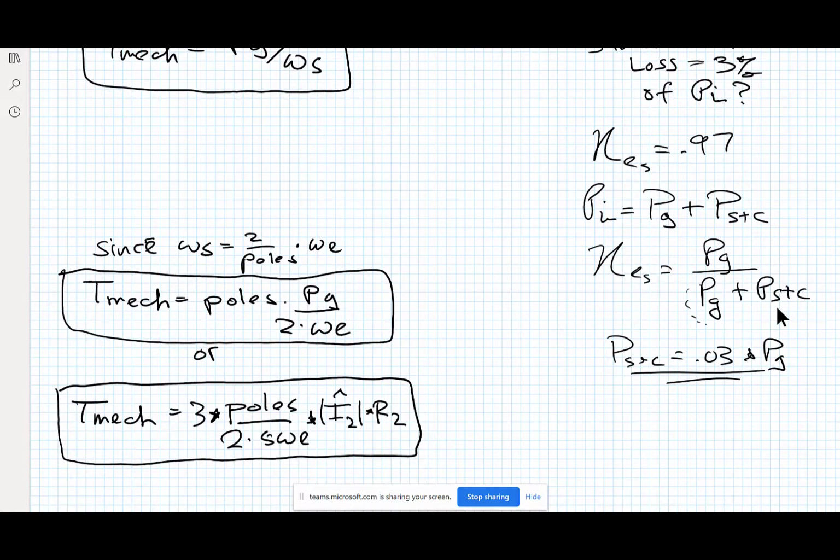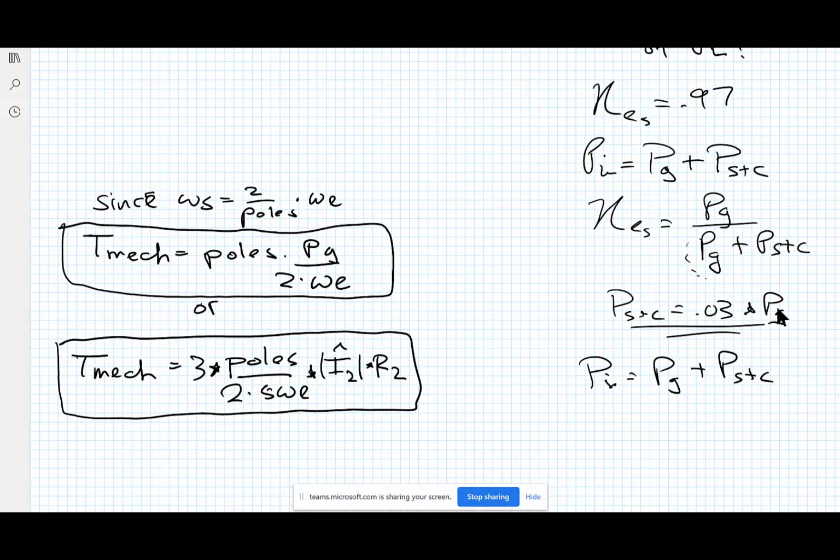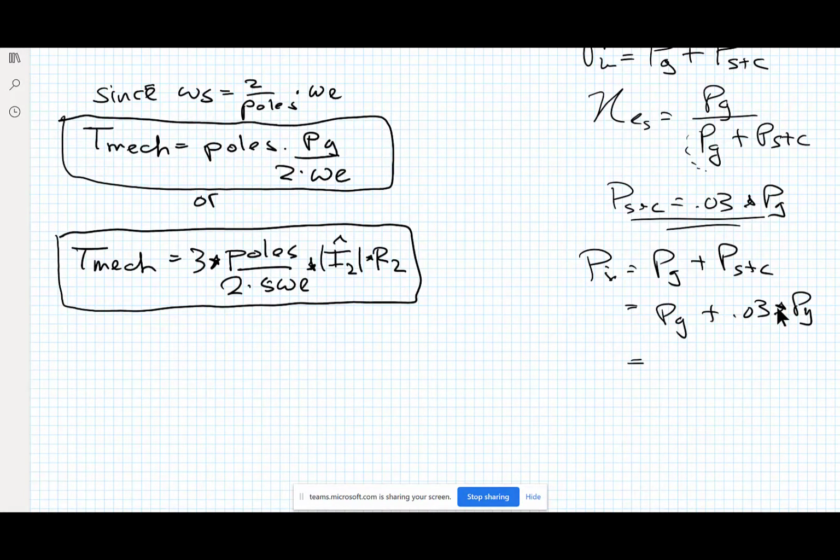Another way to think about this: my Pn is equal to P gap plus P stator plus core, and that is equal to Pg plus 0.03 times Pg, which is 1.03 times Pg.